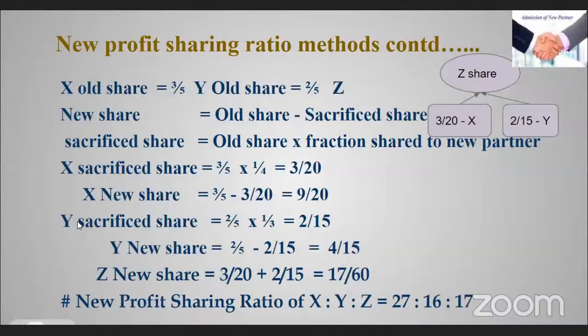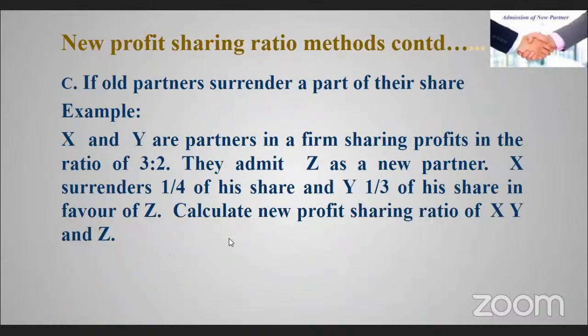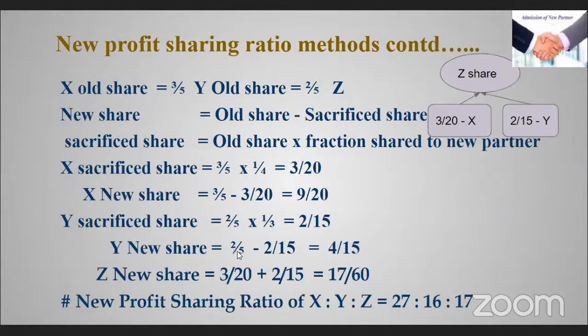Now similarly for Y. How much is Y sacrificing? Y's whole share is 2/5, already given in the question. And what is his fraction of share to Z? Y gives 1/3 of his share to Z. So 2/5 into 1/3. So 2 into 1, 2. 5 into 3, 15. 2/15th share is sacrificed.